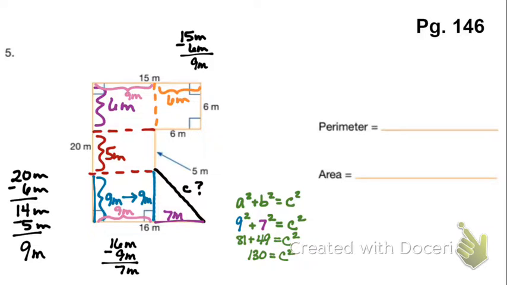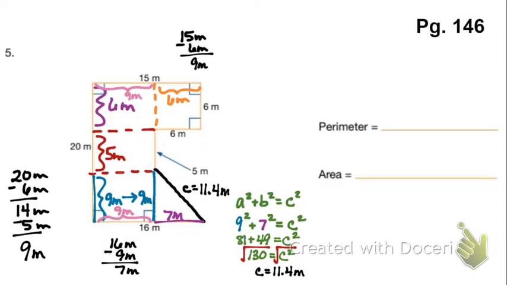Wait, we have to square it. Yes. You get how much? 11.4. That was a lot of work for 11.4 meters. Do I have enough now, though, to find the perimeter? Yes.